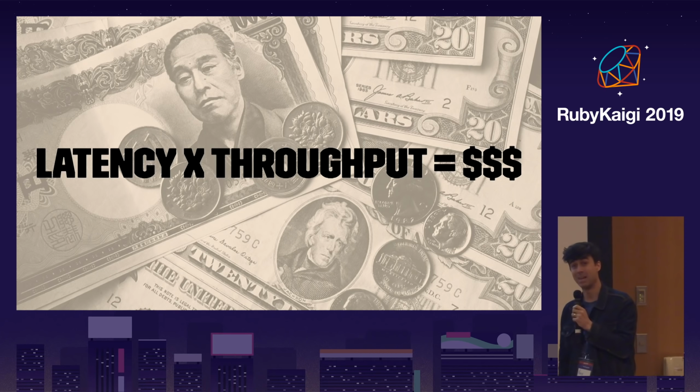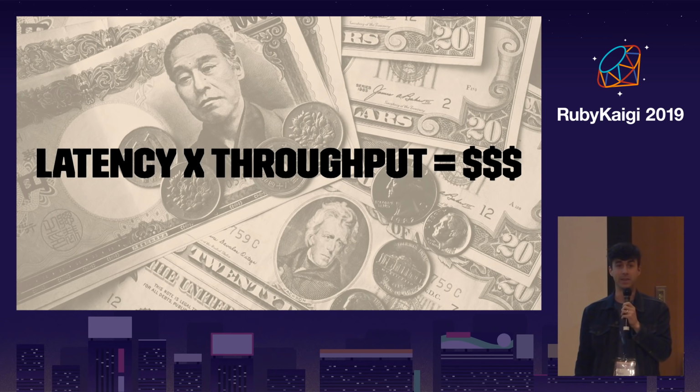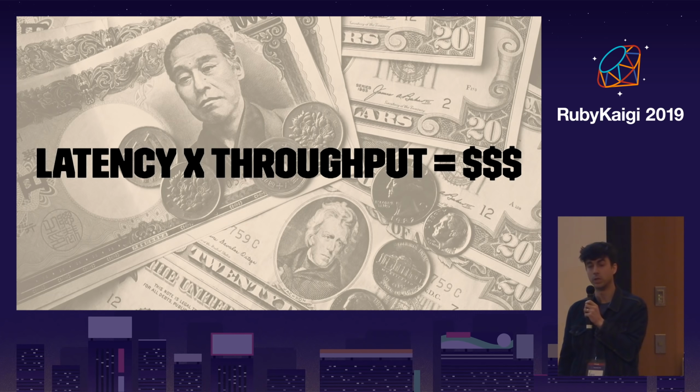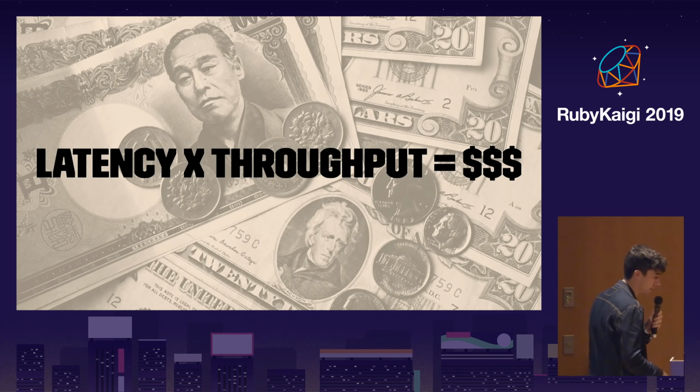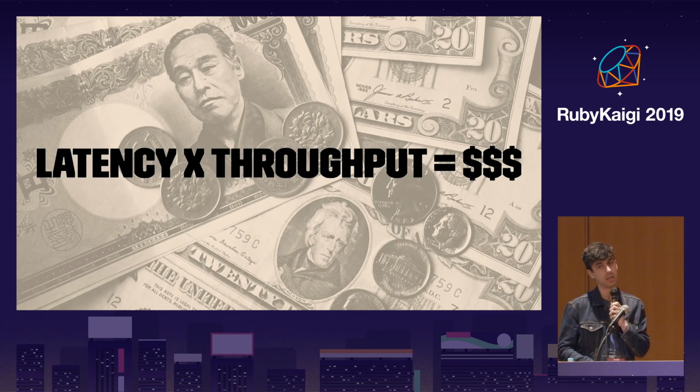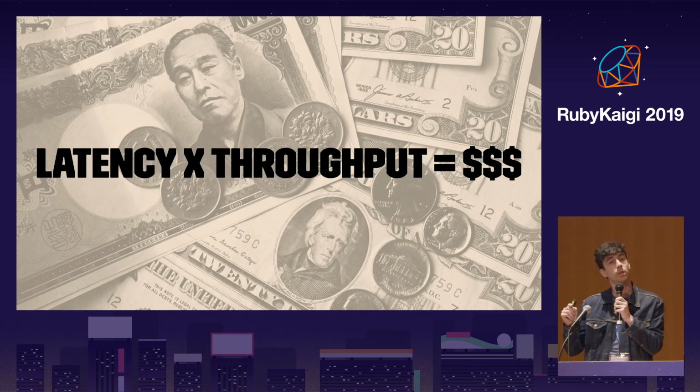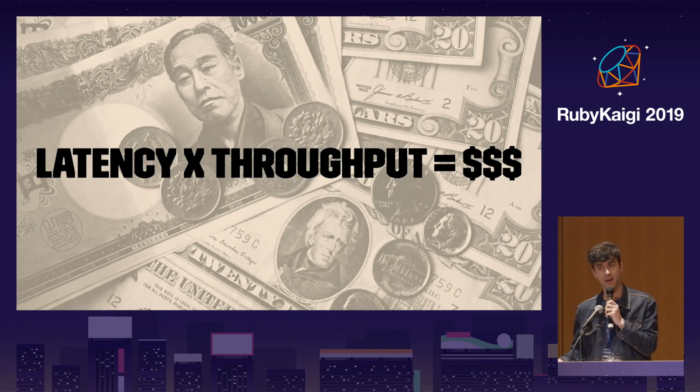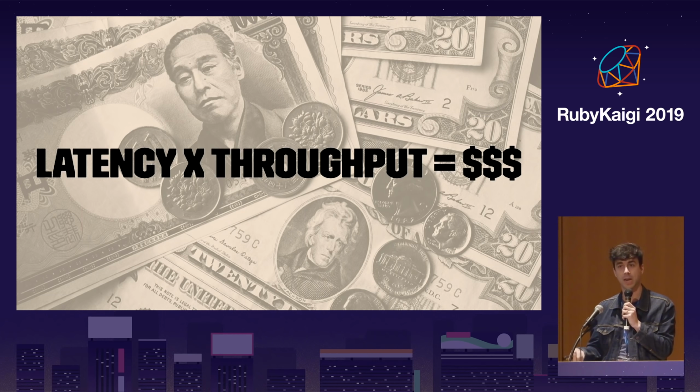And that means money, because that's really the number one cost on, for example, Heroku, when it comes to bigger applications: how many dynos they're running. And if you get that question wrong, then you're probably spending a lot more money than you have to. And if you get it wrong in the other direction, if you are using too few servers, then the application is going to feel slower than it has to for your customers.